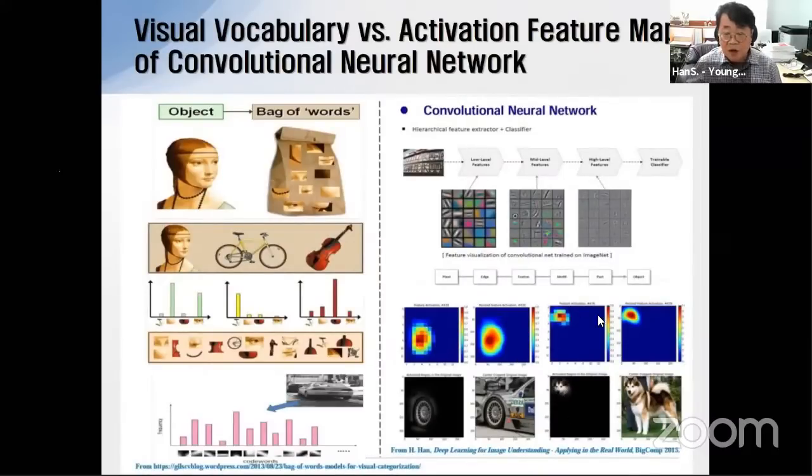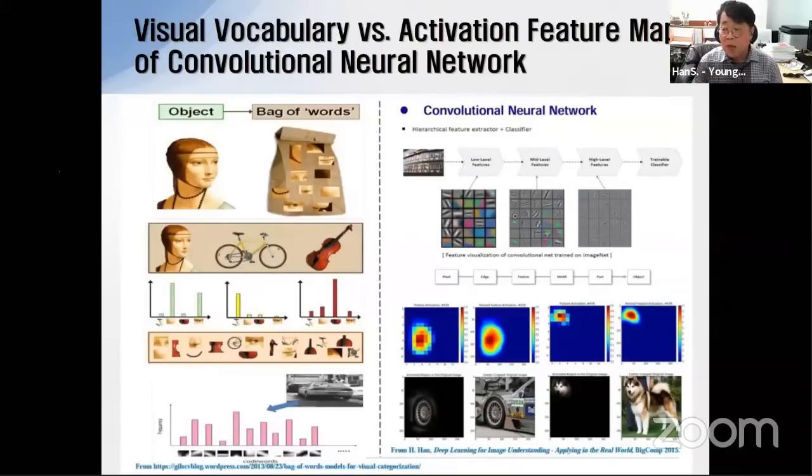You can see the attention map, the actively activated neurons inside this convolutional neural net. Similar to the bag of words, the most distinguishable point of the object is the wheel and the head of the dog, which is a part of the whole object. That is the key point of our object detection using deep learning.